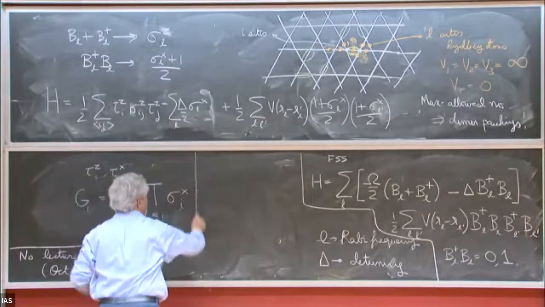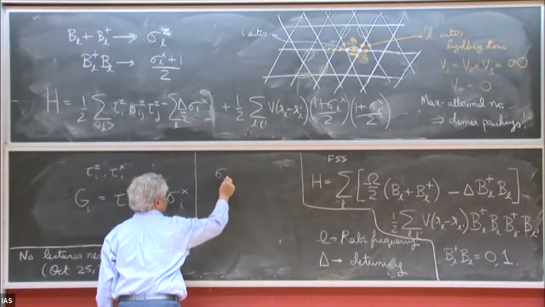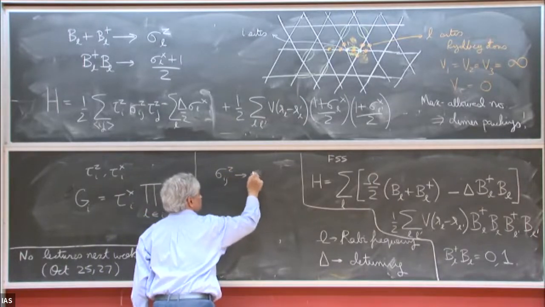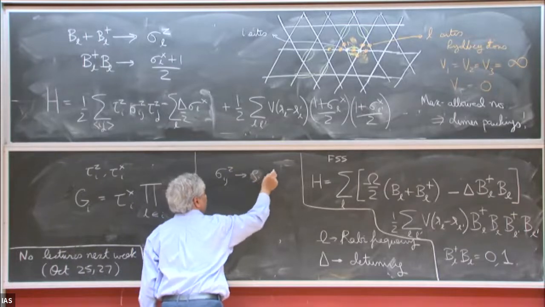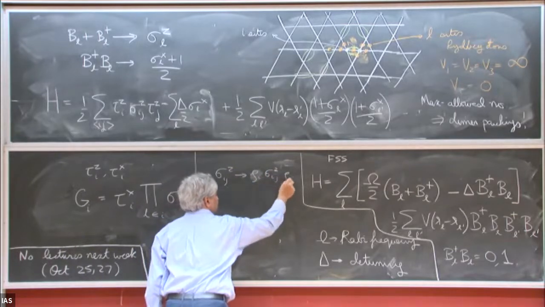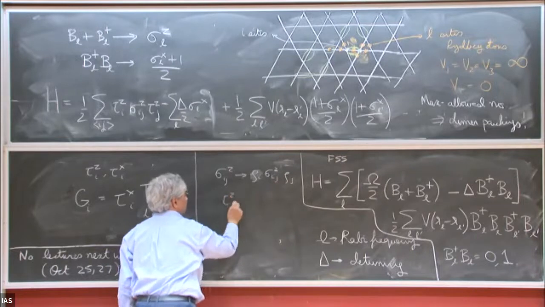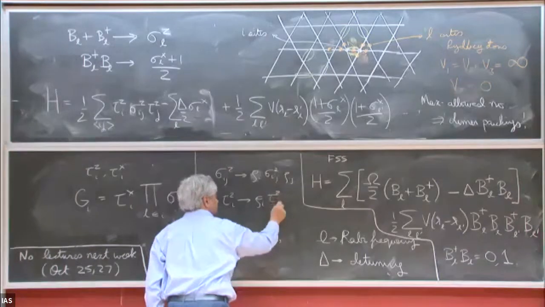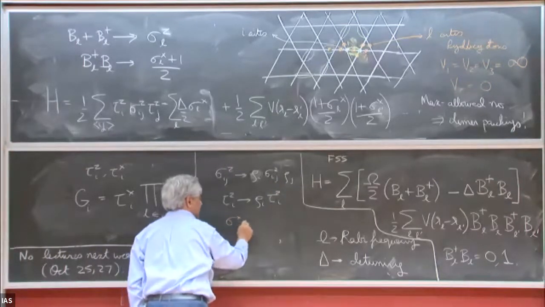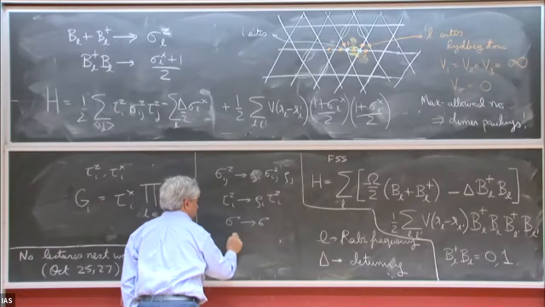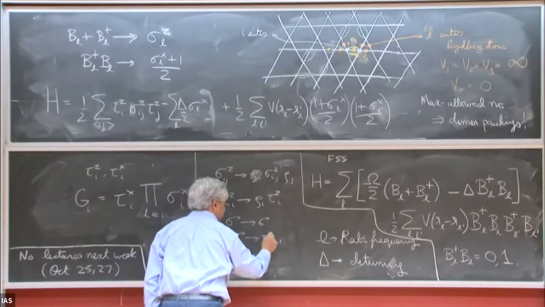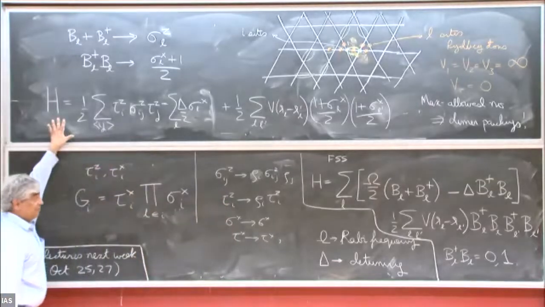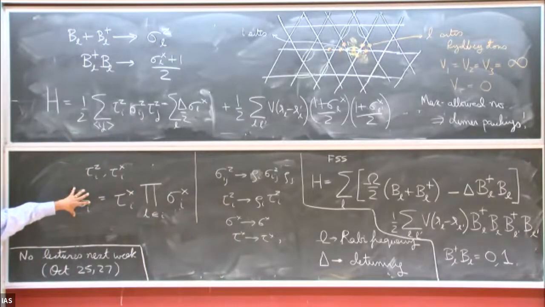So this generates a gauge transformation where sigma z ij goes to rho i sigma z ij rho j, and tau z i goes to rho i tau z i, and sigma x goes to sigma x, and tau x goes to tau x. So here's an exact symmetry of this Hamiltonian, which is generated by this gauge charge.